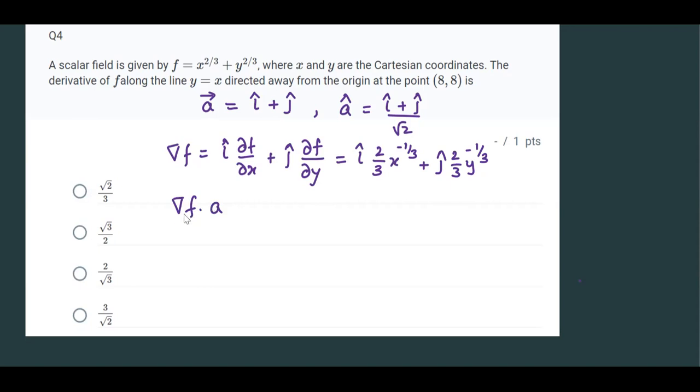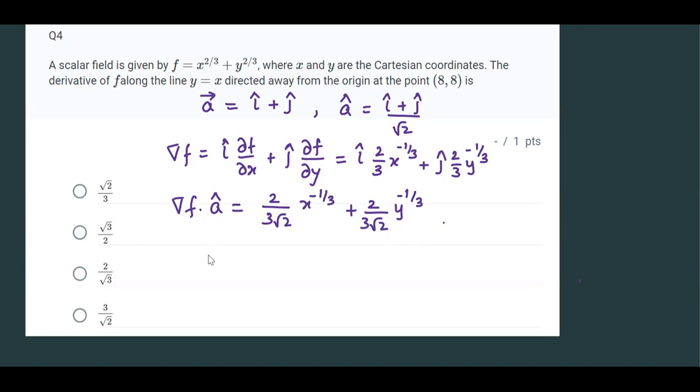Now grad f dot a cap, this is what we want: the derivative of f along the line y equal to x directed away from the origin. So this is grad f, this is a cap. You get the dot product 2 by 3 root 2 times x to the power minus 1 by 3 plus 2 by 3 root 2 y to the power minus 1 by 3.